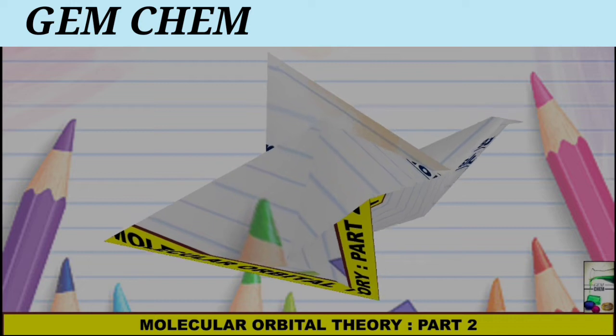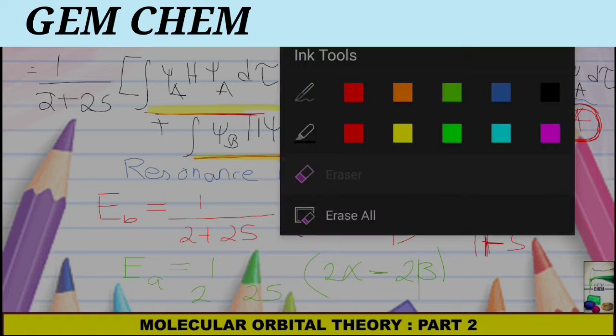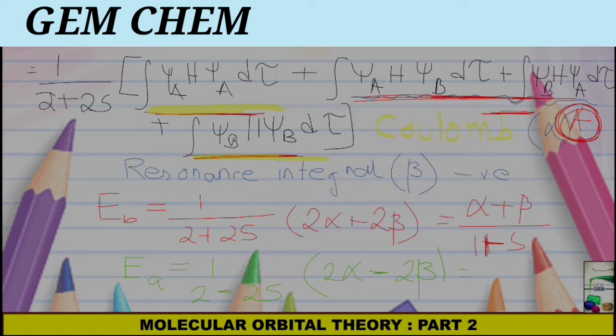As a result, your expression will become just the opposite of the bonding molecular orbital, and the expression will be Ea equals 1 by 2 plus 2s, and this will have 2 alpha minus 2 beta, and we can write it as alpha minus beta by 1 minus s.